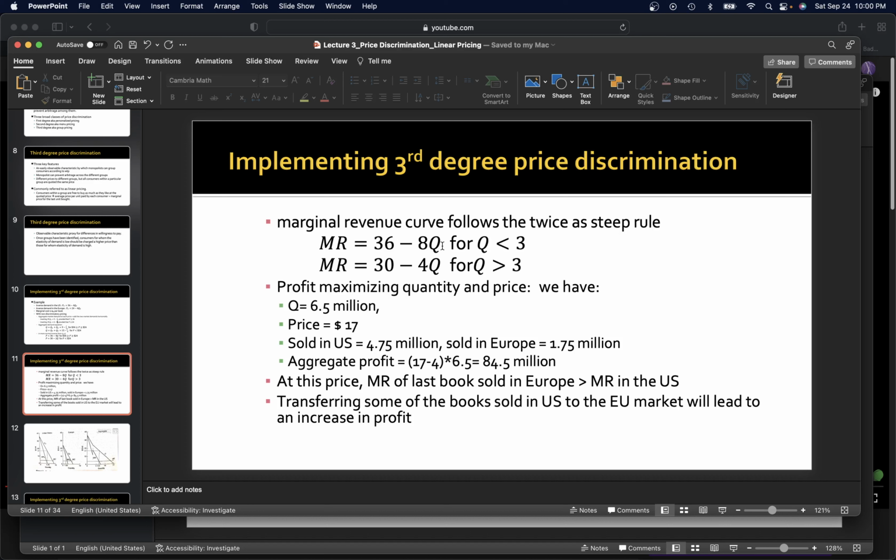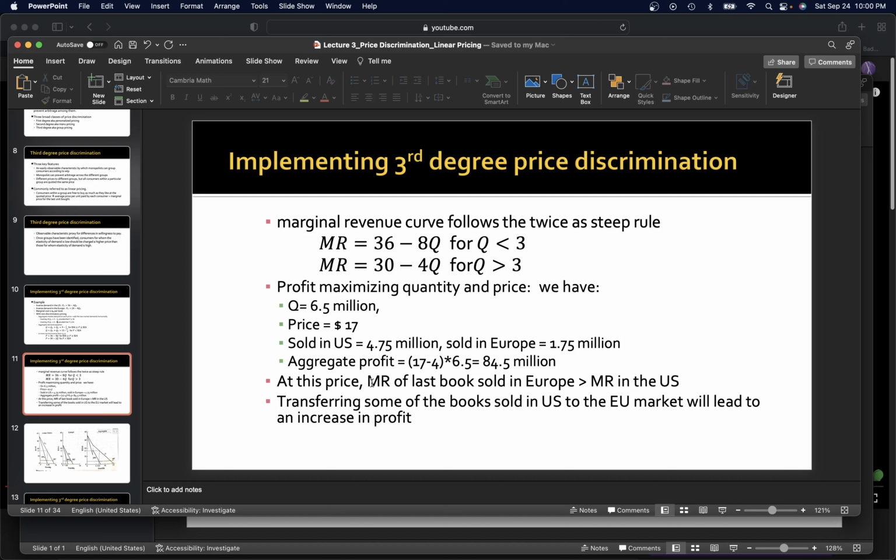It becomes even steeper, -8 from -4. And when both of them purchase, the slope becomes -2, which is double -4, which is double -2. So in class, we will try to solve for all of these things, the profit maximizing quantity and price.